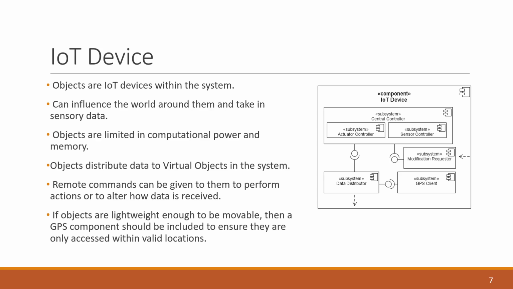If it's a particularly heavy object or some sort of object that's rooted in some fashion, then we don't think that would be a necessary thing to implement, just because we want to limit how people are interacting with this object and accessing resources.